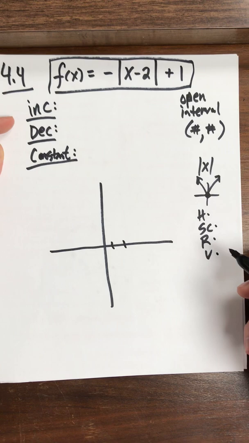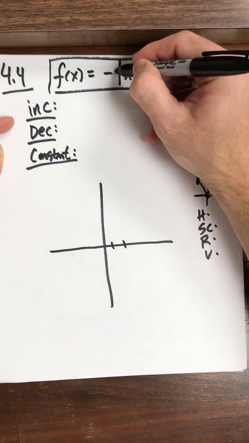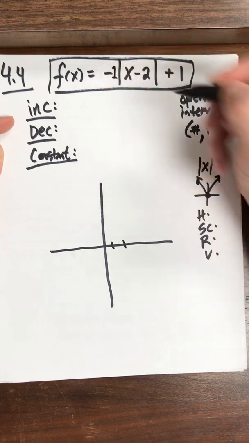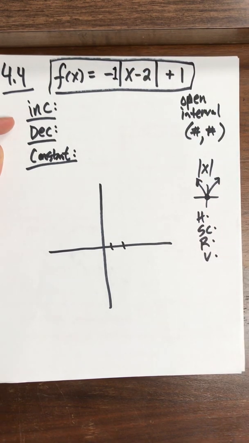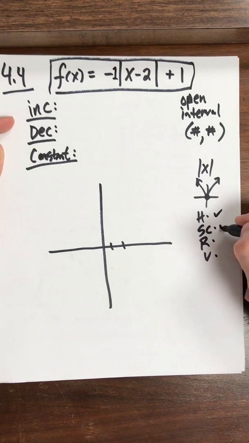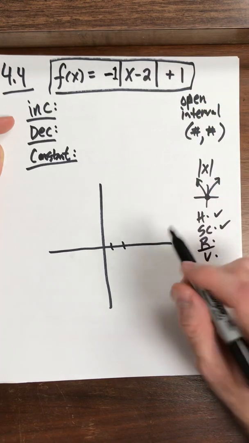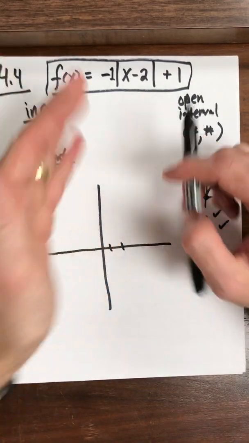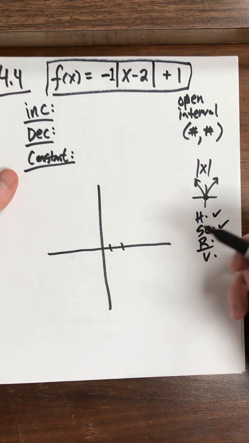Okay? Now, what's after that? Stretch or compress. What's out front? Well, it's just a 1. If there's no number there, it's understood to be a 1. So I don't stretch it or compress. Okay? Now, reflect. I have a negative 1, so I go from being a happy V down to a sad V. So I'm going to reflect it downwards.